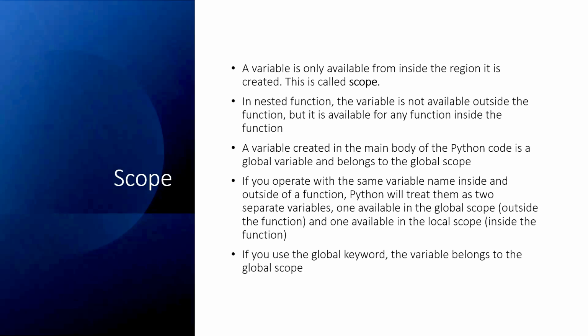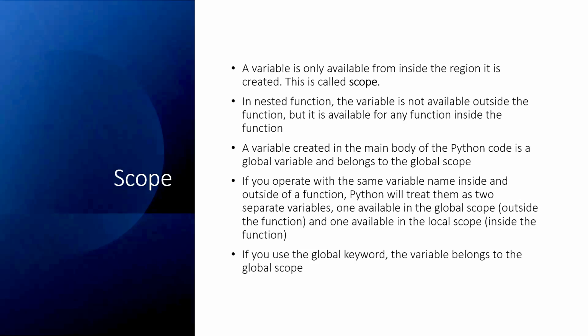Now, scope is very important in terms of understanding the scope of a variable. So let's go through this. When you define a variable inside a region, the variable is only available from inside the region it is created, and this is called scope.